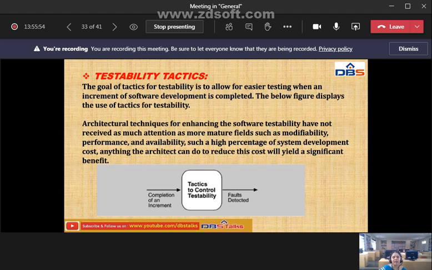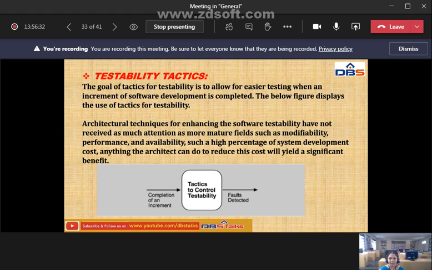Suppose while developing these architectures the architect concentrates on particular fields like modifiability, performance and availability; it will increase the cost. So in this case the architect should look to reduce the cost, which will yield significant benefits. This is a diagram for it.